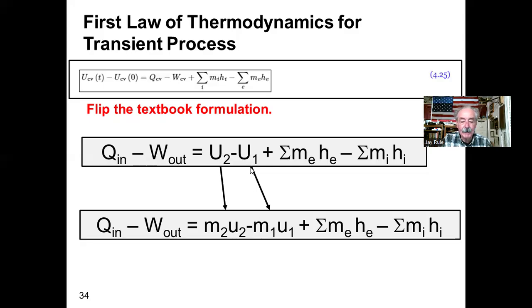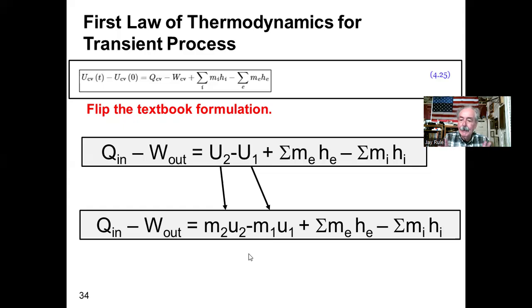Same idea: capital U1 is simply m1 u1. Now notice on my right-hand side, I've got all my properties in intensive property form, kilojoules per kilogram or BTUs per pound mass. And I've got to tell you, this is a little easier for me to visualize.